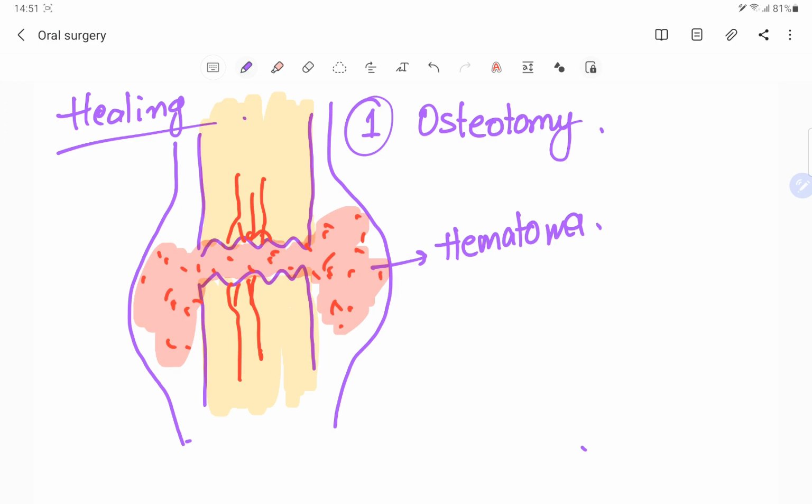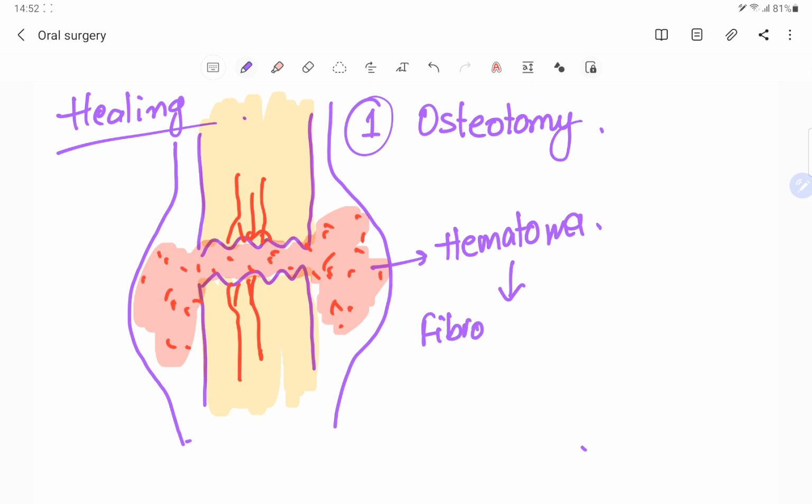Now what happens, there are inflammatory cells which come, like macrophages, cytokines, or transforming growth factor or platelet derived growth factor. Now all these mesenchymal cells, they start proliferating and differentiating into some new cells like fibroblast.